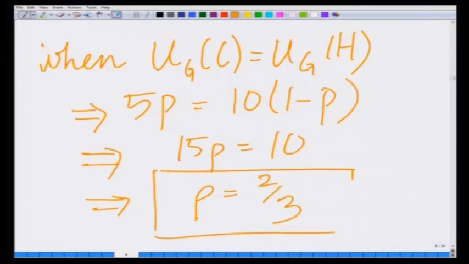If p equals 2 by 3, something interesting happens. Then 5 times p equals 10 times 1 minus p. Therefore, her payoff from watching cricket and her payoff from watching the Harry Potter movie are exactly identical. In this case, she can choose anything. She can choose to watch cricket, she can choose to watch the Harry Potter movie, or she can randomly choose to watch either the cricket or the Harry Potter movie. Her payoff is going to be exactly identical.